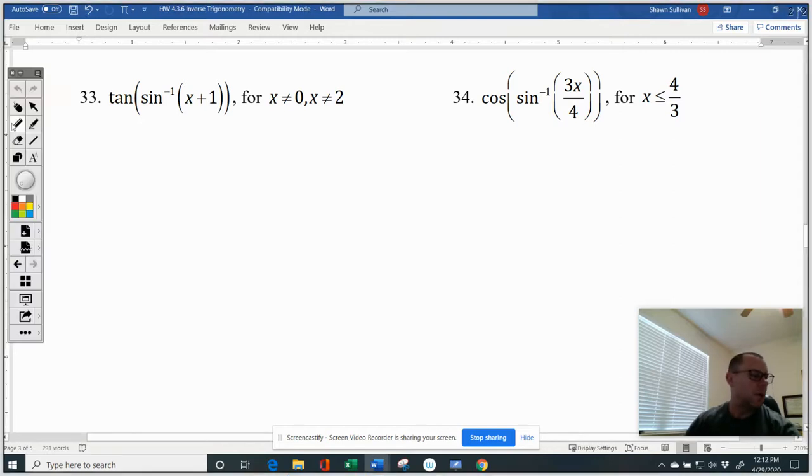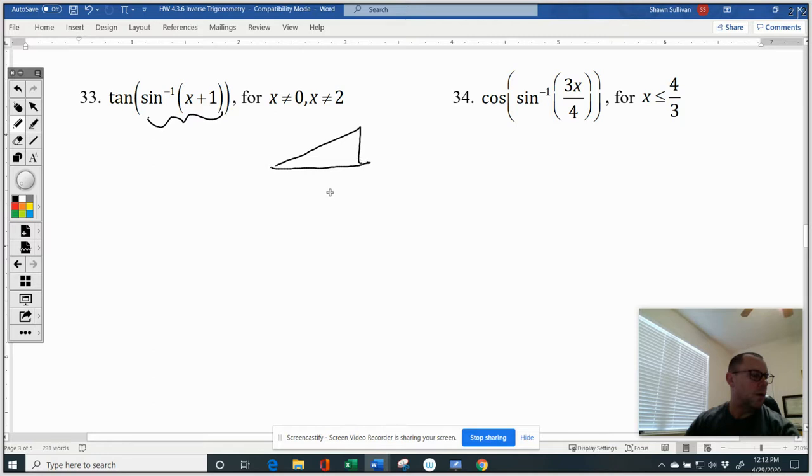33 is a little harder. We're finding tangent of sine inverse of x plus 1, and they're giving us some values that x cannot be equal to. So we start with sine inverse of x plus 1, and we know we have to create our triangle.